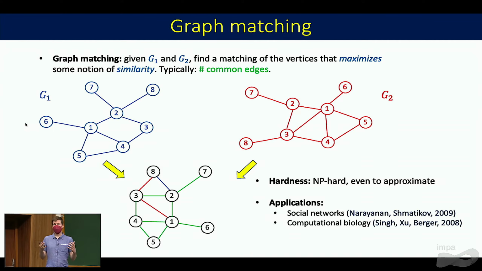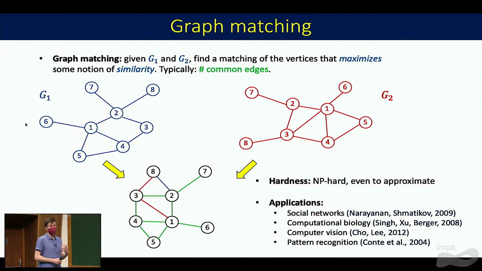In computational biology, maybe you have two protein-protein interaction networks, and you want to integrate information from several of these for improved understanding of the underlying biological networks. It also arises in computer vision. In computer vision, also often you have some object, and how you keep track of that is via some kind of mesh, kind of triangular mesh.